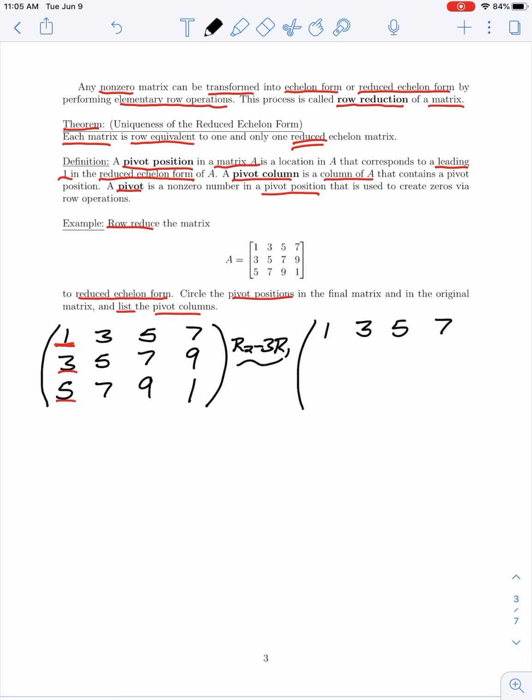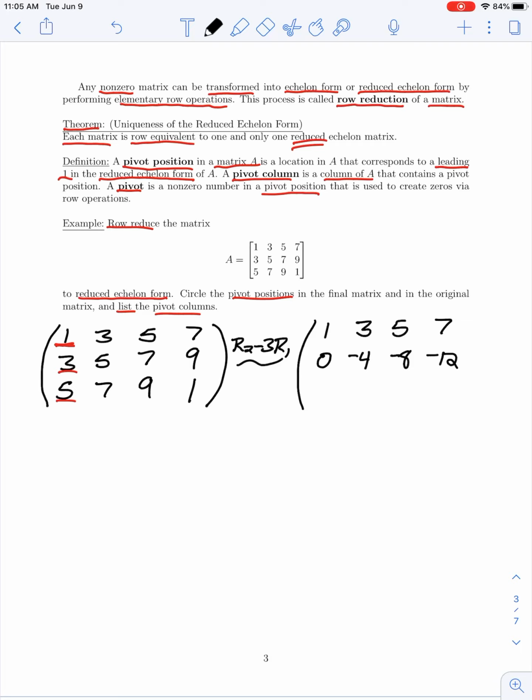My second row, when I perform this operation, I have -3 plus 3 gives me 0. For my second column, -9 plus 5 is -4. -15 plus 7 leaves me with -8. And then -21 plus 9 leaves me with -12.